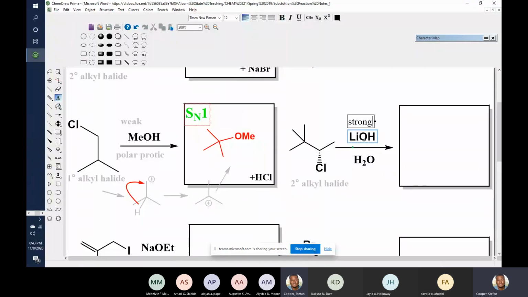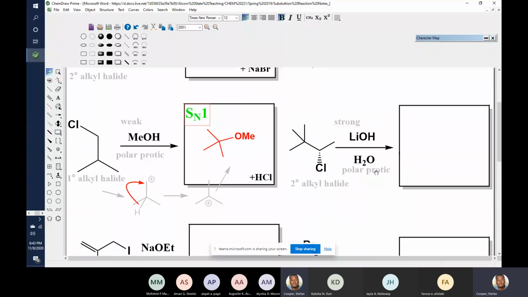This is a strong nucleophile and a polar protic solvent. So what is my reaction mechanism? SN2. One more time. Oh, wait. I'm confused because SN1 needs weak nucleophiles.